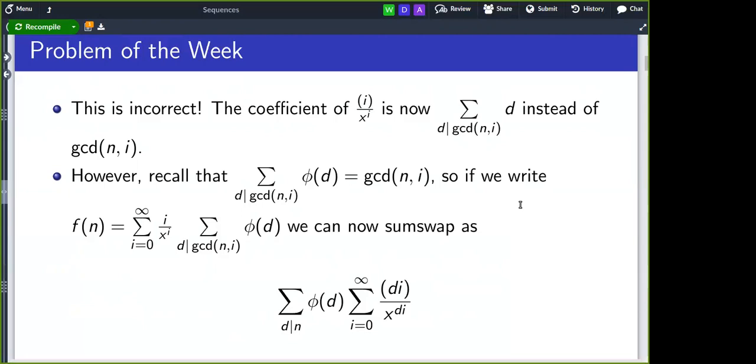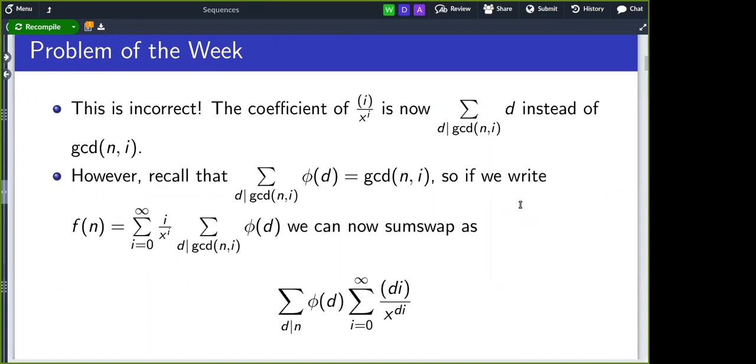So now I have a sum and a sum. The natural thing to do is sum swap. The first few steps are just explaining motivation. Really, you can just skip directly to this step with the phi of d. The point is you can express the GCD of n and i as a sum of phi of d's. And since we have a sum and a sum, now we can sum swap to make the sum easier.